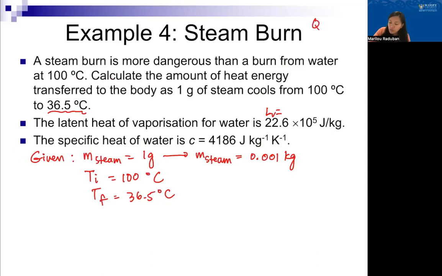So notice that Q is equal to mc delta T. C here is given in Kelvin, but when you're doing delta T, it doesn't matter whether you're in Celsius or Kelvin. So you can leave the initial and final temperatures in Celsius. We'll leave it at that.